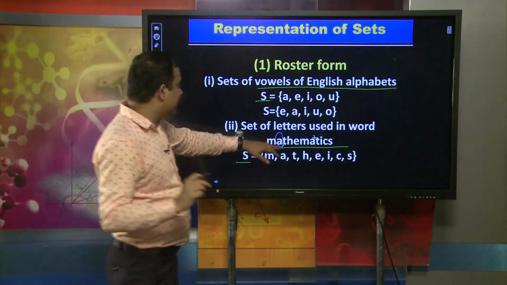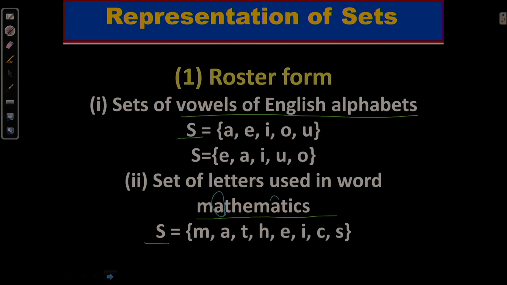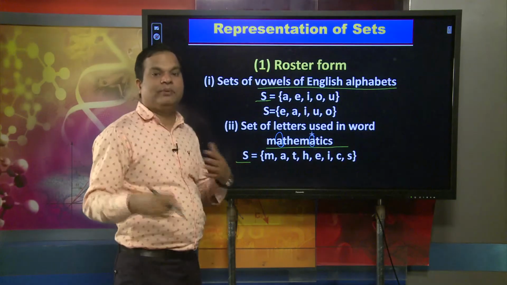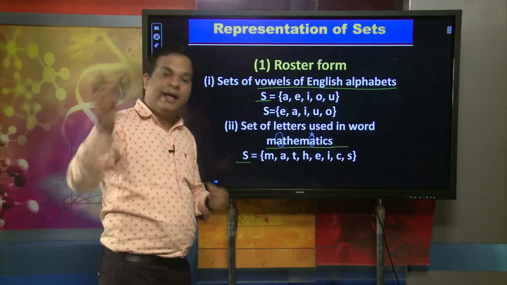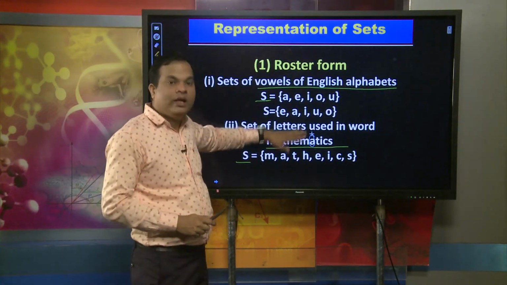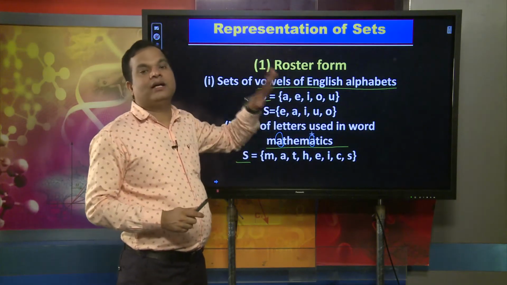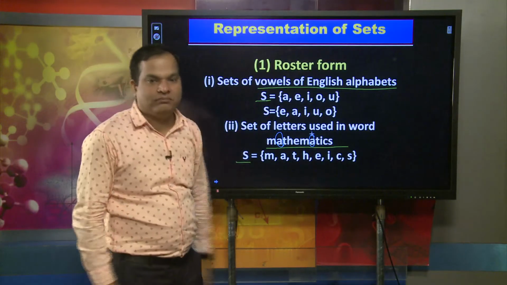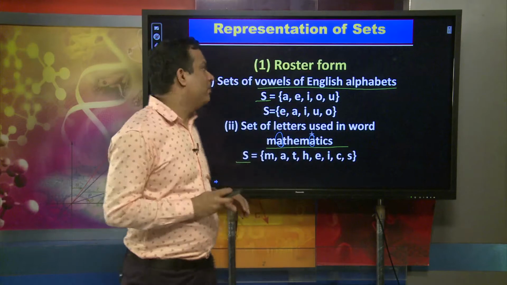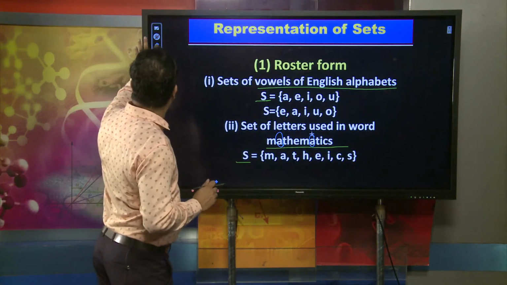Suppose A is written 2 times, we will take it one time. If it is repeated 5 times, again we take only one time. So repetition is not allowed when writing a set in roster form. That is the principle of writing a set in roster form. Very important things, and we must understand.